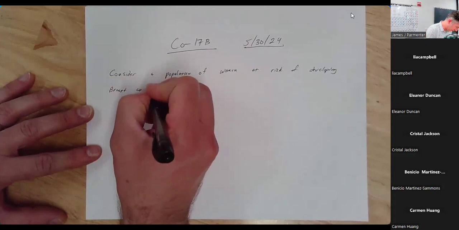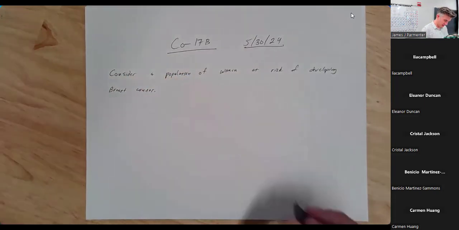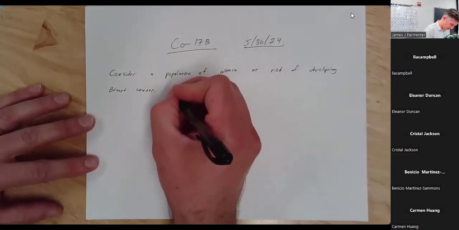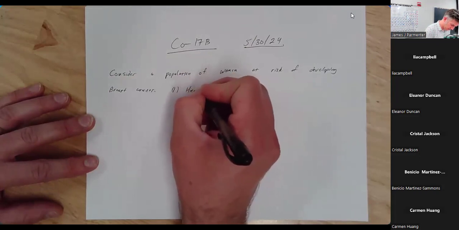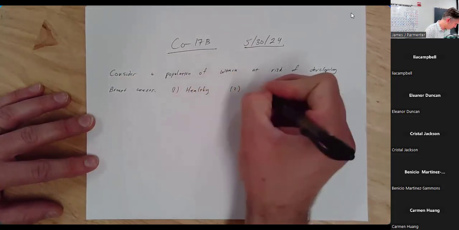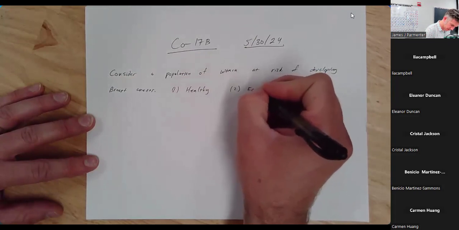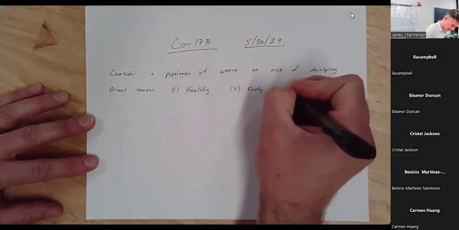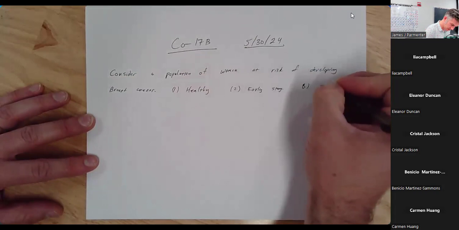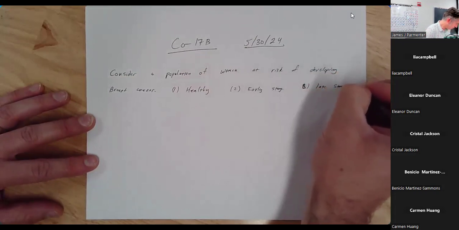Let me just break down what we've got here. There are 3 states: 1, healthy, 2, early stage disease, and 3, late stage. And here are the important numbers.